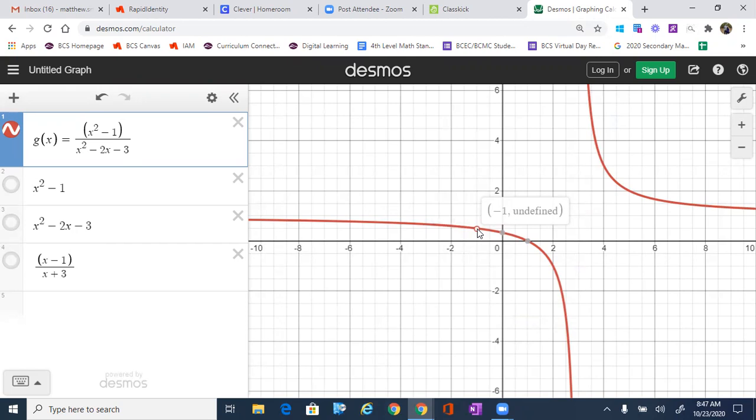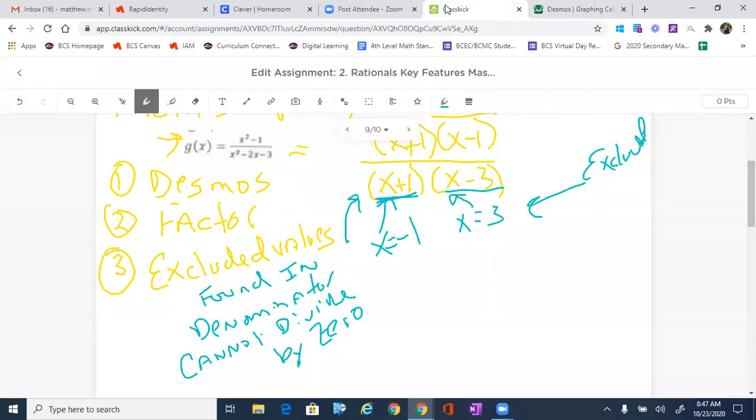That tells us it is not included, and there's not a distinct break. It is just a hole, and we can tell it's a hole because it's an empty circle in the graph and not a distinct break. So I'm going to come back to my ClassKick right here, and I'm going to say, hey guys, we just figured out x equals negative 1, that's a hole.